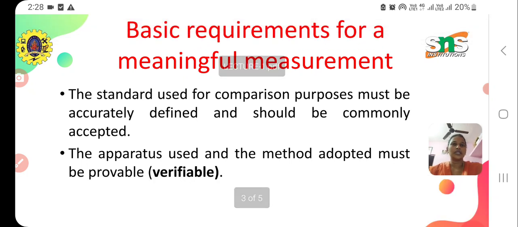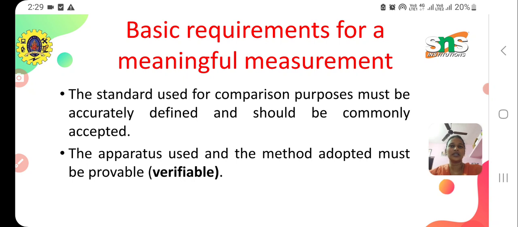For example, if I want to measure the length of an unknown line, I need a standard equipment called a scale, and it should be commonly accepted. The accuracy level of the scale should be compared, and it should be uniformly and universally accepted.